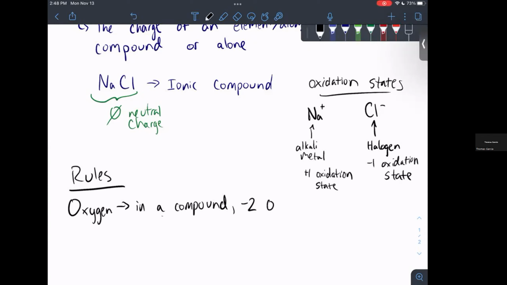I'm just going to say OS because I don't want to keep writing that out. I'll actually write it correctly. It almost always has a 2 minus oxidation state. There are some exceptions. There are 2 exceptions. Oh, that's a lie. There are 3 exceptions.